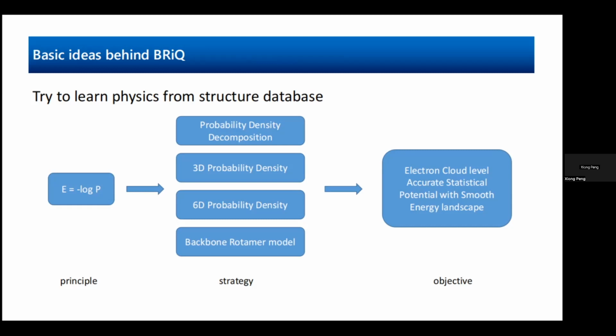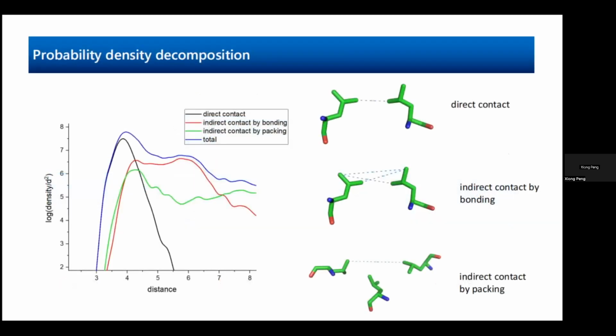To achieve this goal, we tried several strategies. I think the most important thing to build a connection between the structure database and the physics is to do the probability density decomposition. To understand this idea, I use as an example the distance distribution of leucine C-delta atoms.